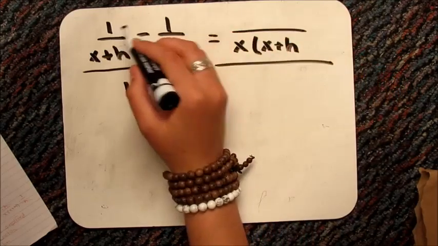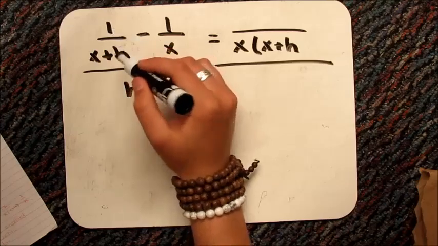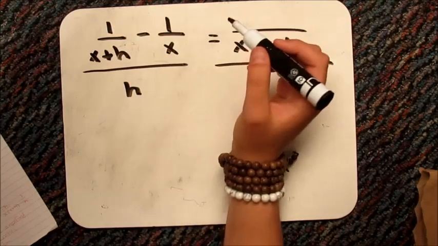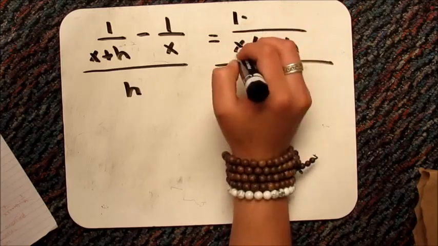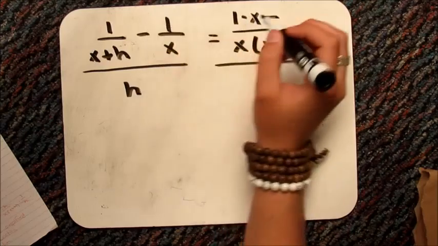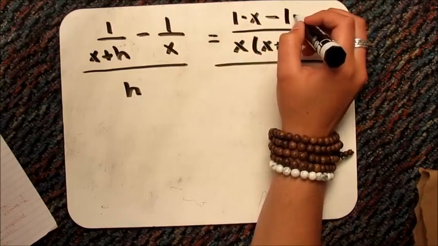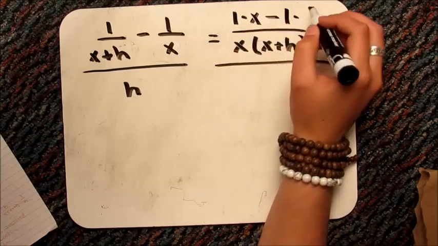And that's just our denominator. So to find what the top equals, what we need to do is multiply our top number by what is missing in those. So we have 1 times x, because x is missing the first one, minus 1 times x plus h, because that x doesn't have it.